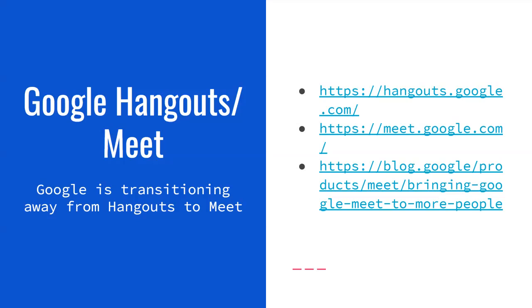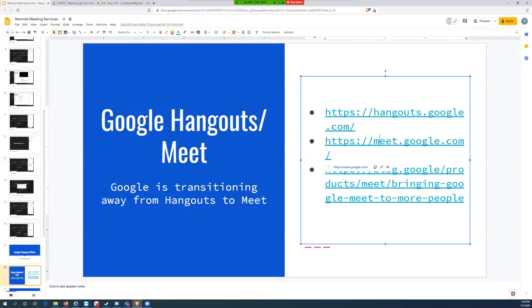So as of May this year, they've now allowed Meet to be used on free accounts. There's a blog post that goes over this, which is linked. It's the last option. And the first option is Google Hangouts. The second option is Google Meet. We can quickly go over what it looks like.